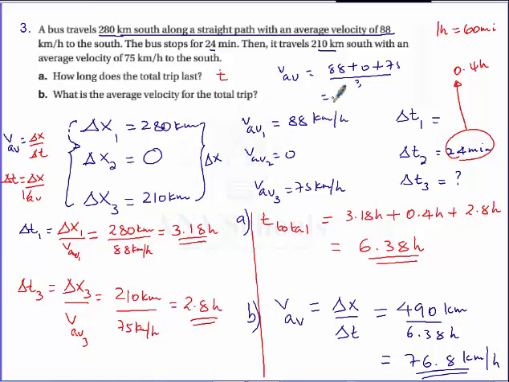You will get 54.3, which is completely different from this answer. So whenever you are calculating the average velocity of an object, what we need is the total displacement divided by the total time. This is very important. That's how you calculate the average velocity of the object. That's all we have for today.